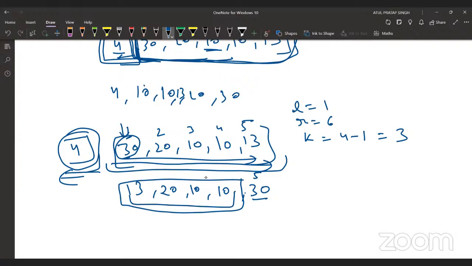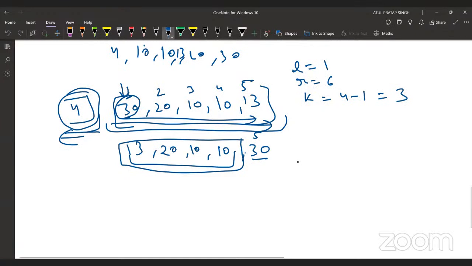Still we are not reaching the actual result, so now we will perform our quick select algorithm. Now this is the first index, and this is 2, 3, 4. Now our L value will become, here we are discarding the previous part.